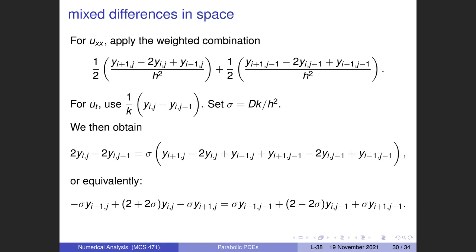So we will apply a weighted combination of the differences. So we have another discretization for space, and for time we will also use the differences that are shown here.